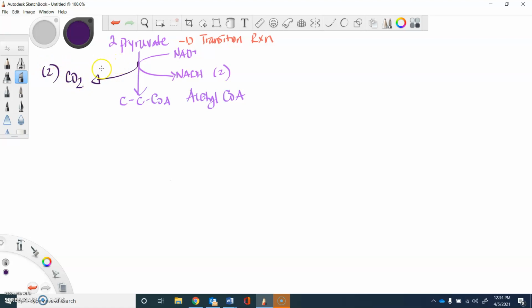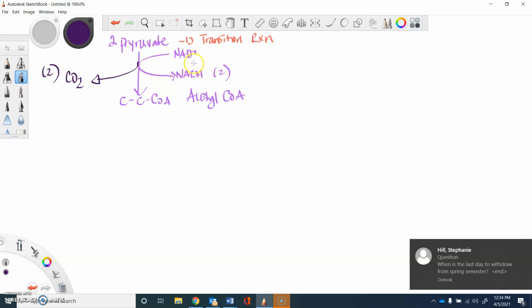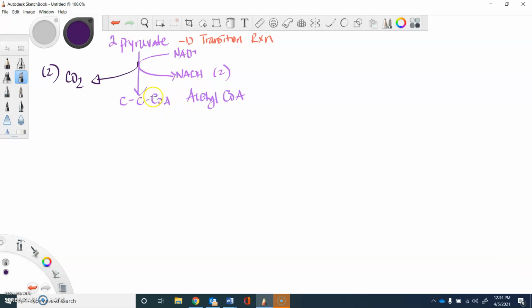So once we go through this, we get our little electron carriers, because we broke apart some carbon, so we got some electrons, and we get this thing called acetyl-CoA.